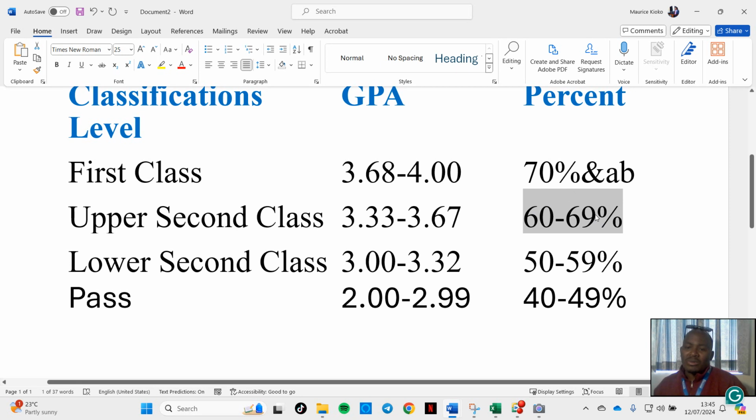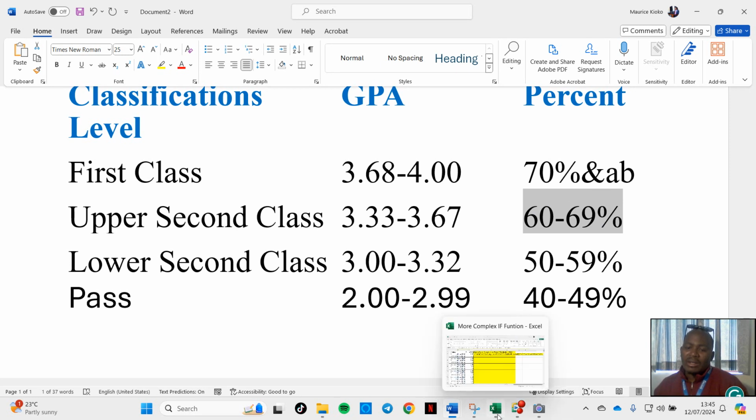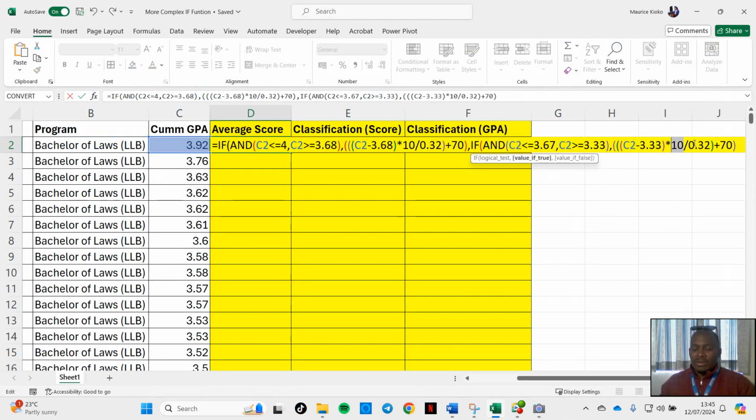So we're going to say 9.94, and then we're going to divide with the difference. What's the difference between 3.67 and 3.33? I think it's 3.34, if I'm not wrong.